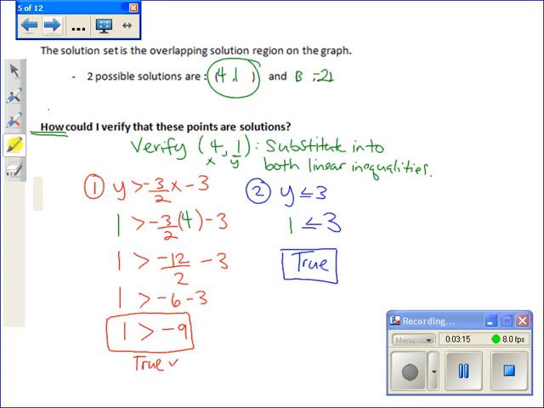Okay. So I have verified the point 4, 1, and I can say that 4, 1 is a valid solution. Or another way to say that is, it is in the solution set.